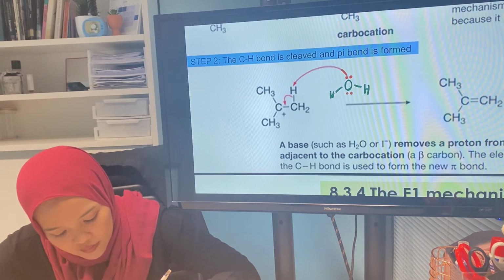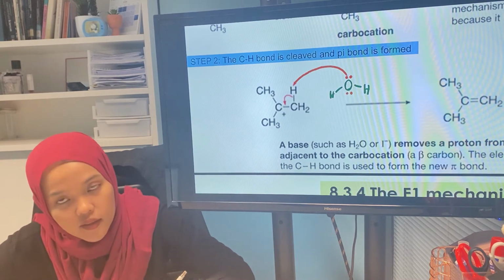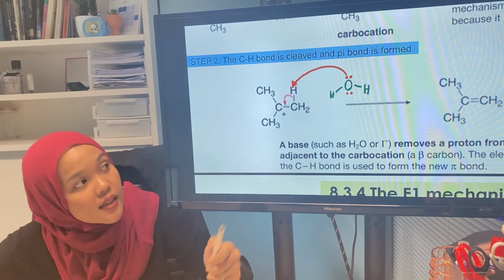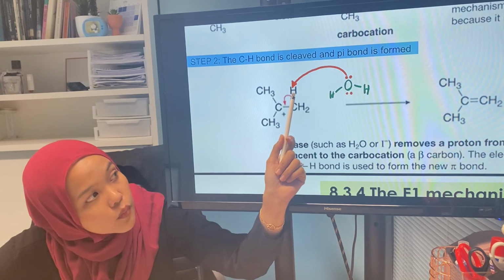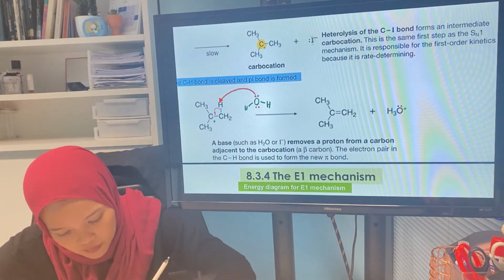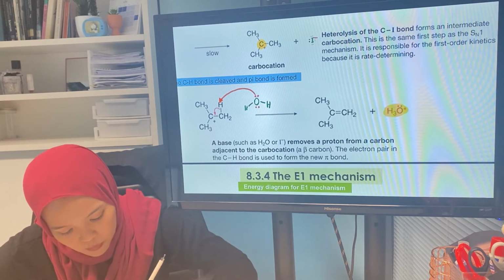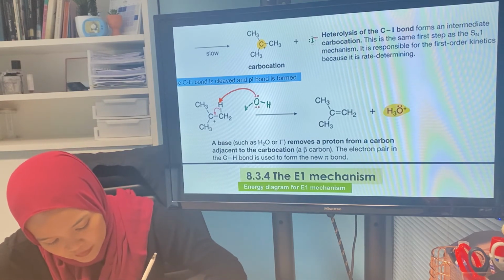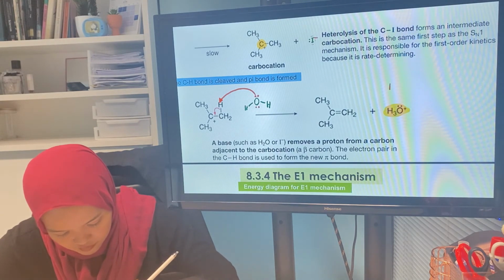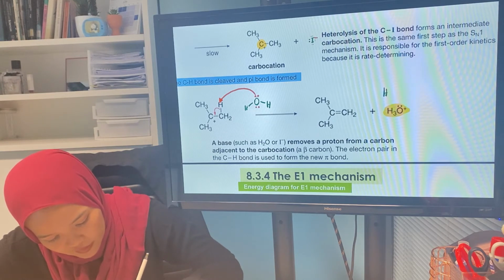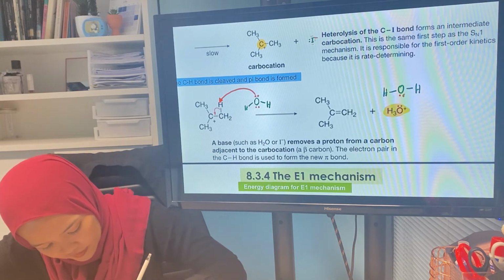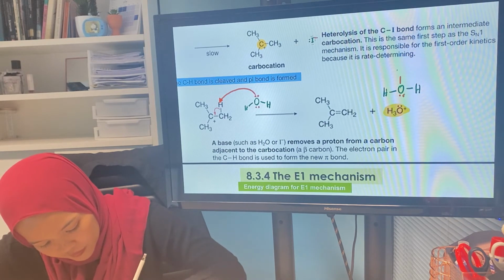The 2 electrons are being transferred to the hydrogen here because it wants to form a bond with the hydrogen. So in this case, it is going to form H3O plus. So it is going to form HOH, and the bond like this, and this one formed with the hydrogen here.